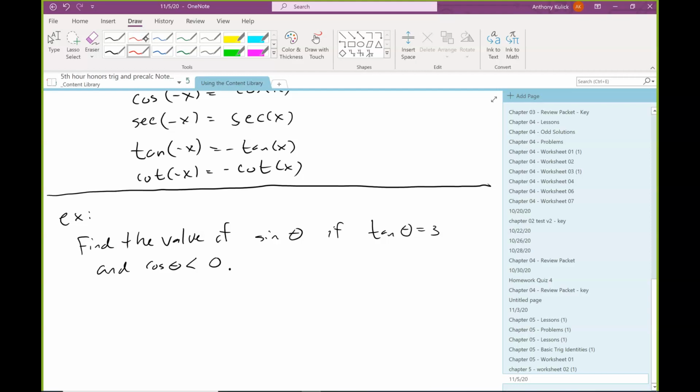We could do the same thing using our identities. So I'm going to use an identity that contains tangent theta and only one other trig function.